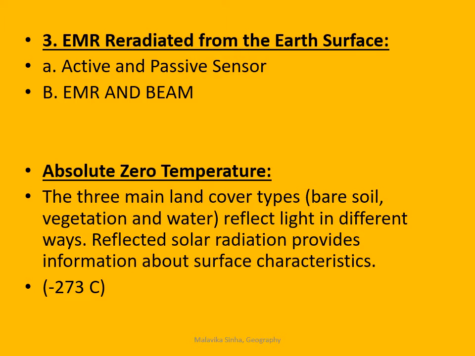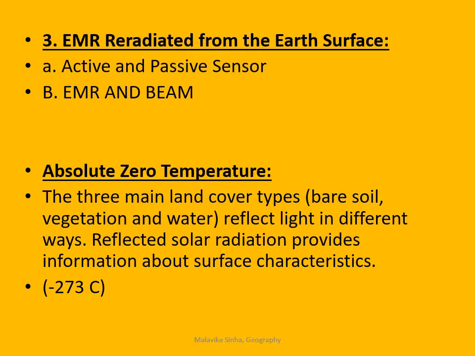Basically, there are two types of sensor: active sensor and passive sensor. A passive sensor detects reflected electromagnetic radiation from a natural source, that is the EMR from the Sun. But an active sensor emits a pulse of energy to detect the reflected EMR.